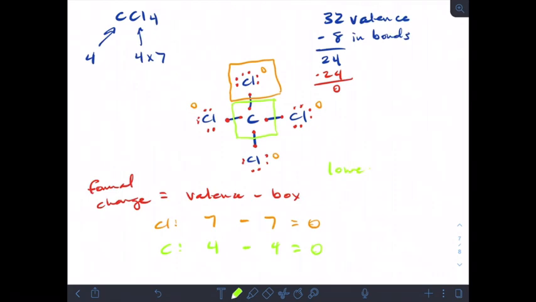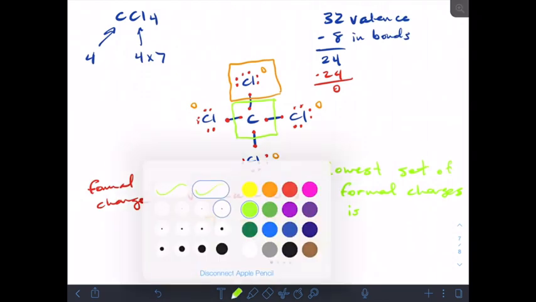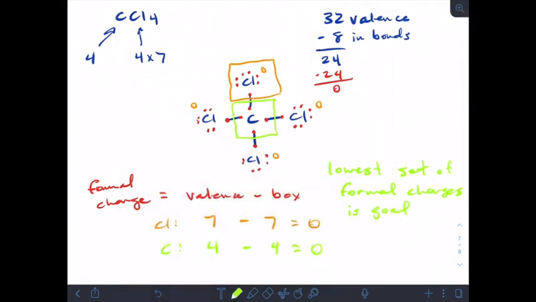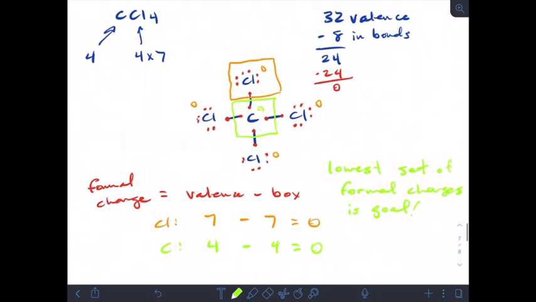Okay? So the lowest set of formal charges, that should be nice, is the goal. Okay? So we won't always have all 0 formal charges, right?